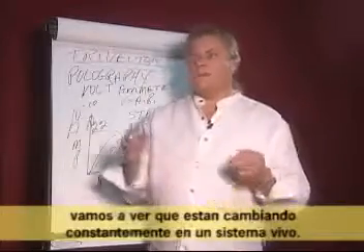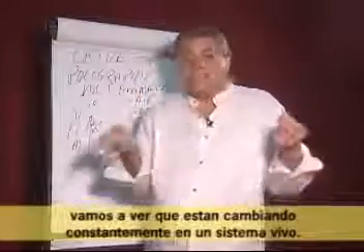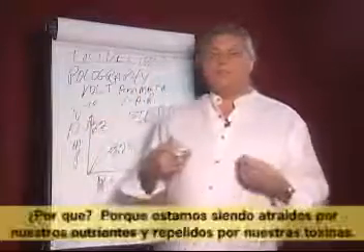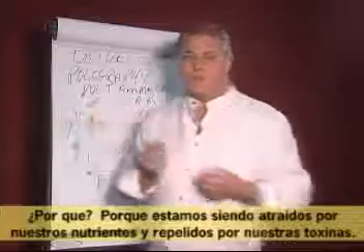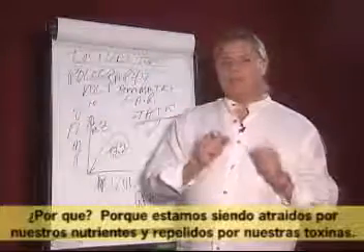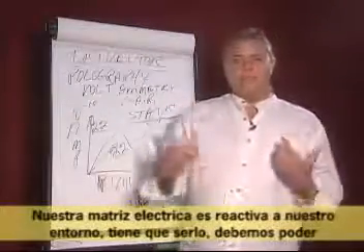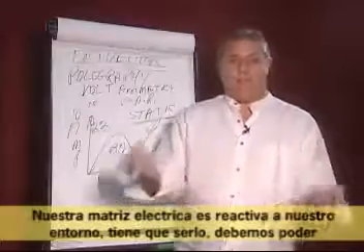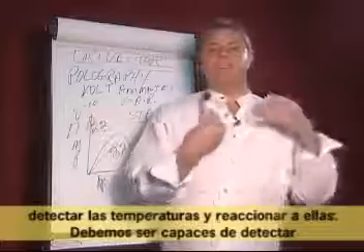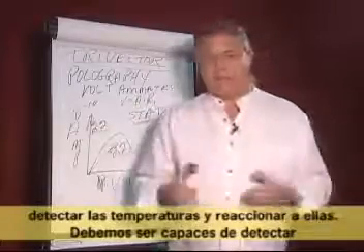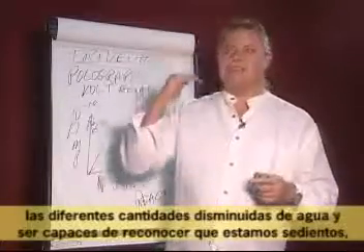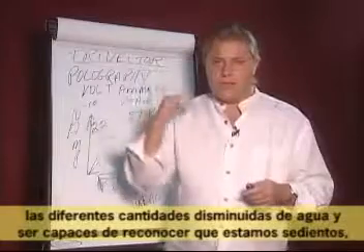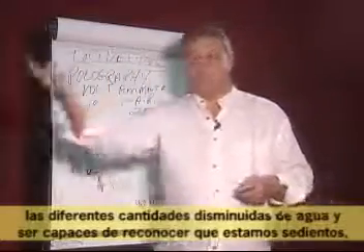then we're going to see this is constantly changing in the living system. Why? Because we are being drawn towards our nutrition and we are being repelled away from our toxins. Our electrical matrix is reactive to our environment. It has to be. We have to be able to detect the temperatures and react to them. We have to be able to detect the diminished quantity of water and be able to recognize that we're thirsty.